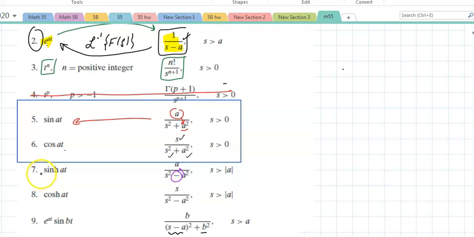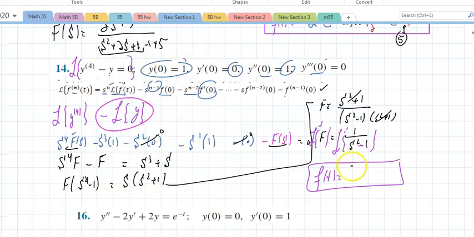So the one matches. It's the hyperbolic sine of at, with a equal to 1 because that's a 1. I do want to mention, you might look at the back of the book, and the back of the book will have 1/2 into e to the t minus e to the negative t. And there it is, that's the solution.